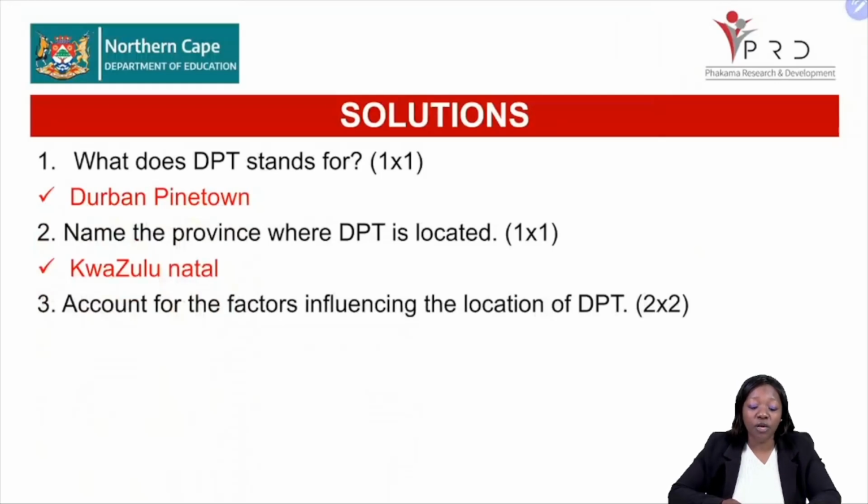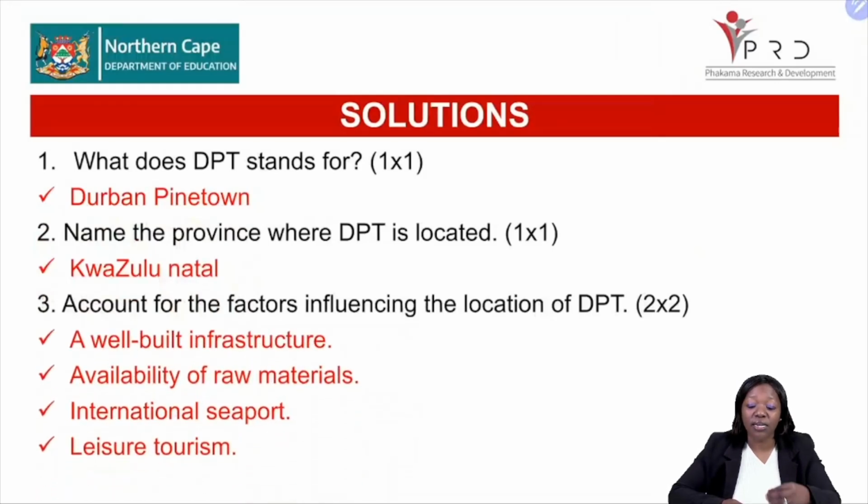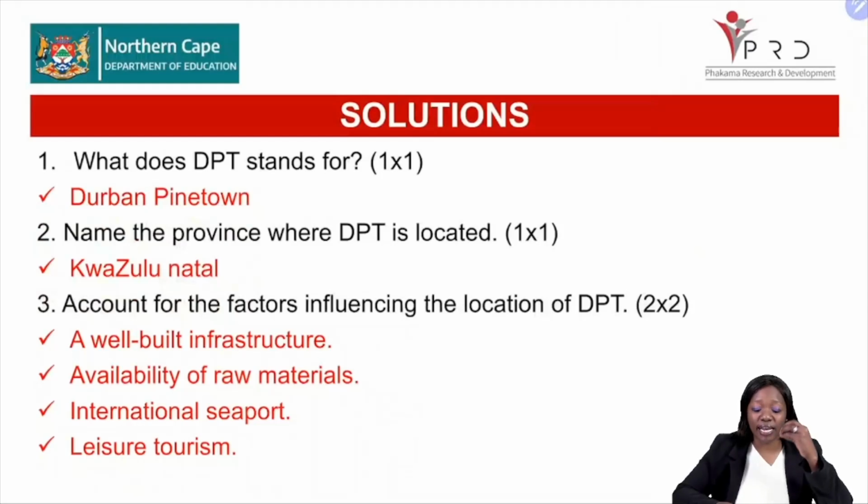Then number 3, you account for the factors influencing the location of Durban Pinetown. Number 1 is a well-built infrastructure, the availability of raw material, your international seaport, as well as your leisure tourism. Remember, one can say there's an availability of harbor, availability of labor force, availability of water and electricity supply.